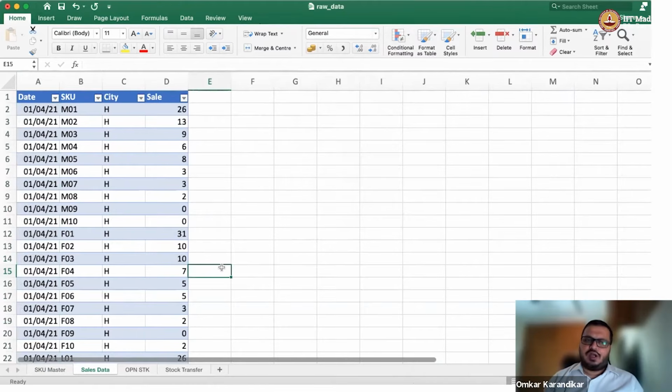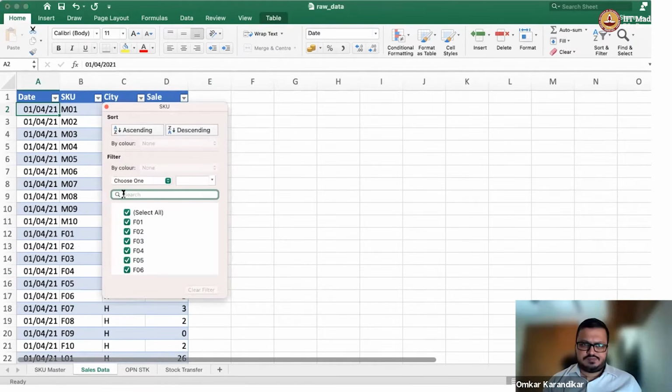For each of these 30 SKUs, we have sales recorded in three cities, the cities that we talked about, right? So there is sale which is happening directly from Hyderabad. Then there is sale which is happening directly from Madras and Coimbatore, right? Cochin. So for all these three cities, for each day, for each of the 30 SKUs, we have the sales recorded. The sale is in number of units.